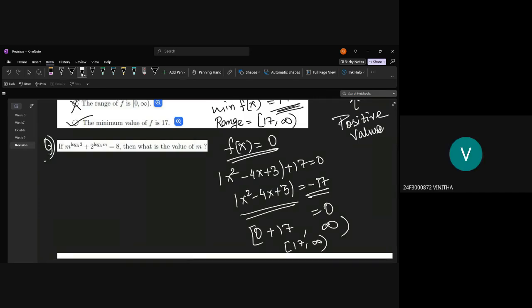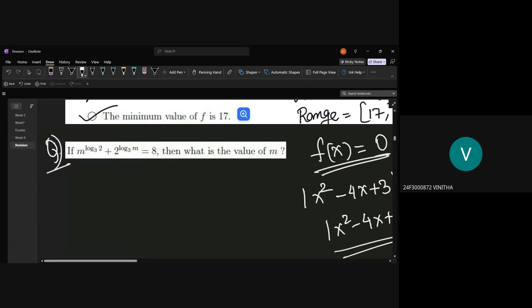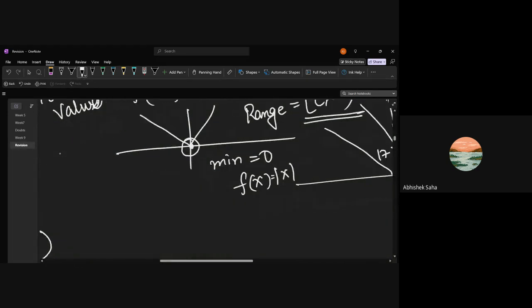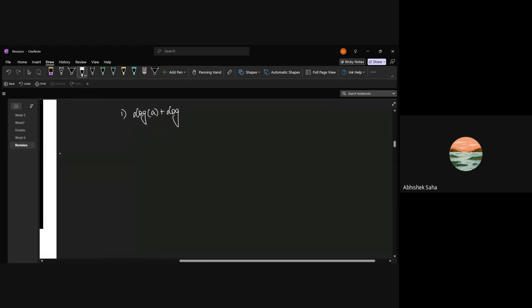Sir, can you please zoom it? Okay. Let me introduce some properties of logarithm here.